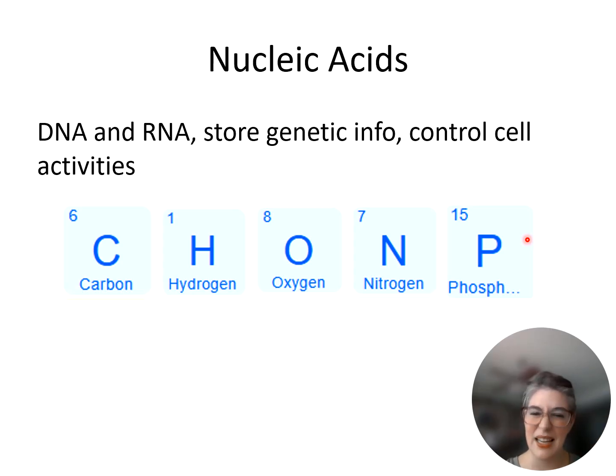So don't forget that. That tends to be a pretty popular test question for some reason. But your DNA, RNA, this is going to store your genetic information and it controls cell activities. Think of it like it helps you transmit information. That's what nucleic acid is really good at doing.